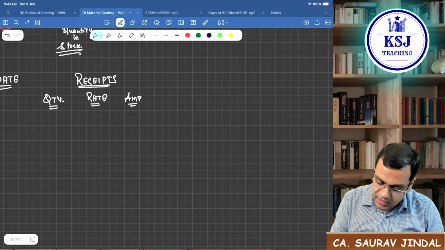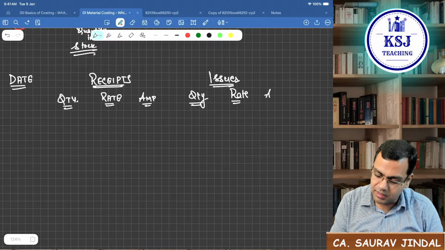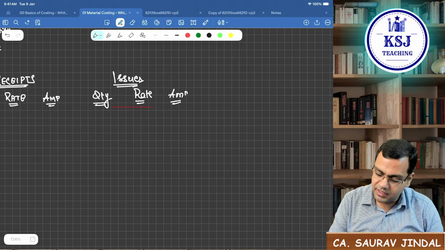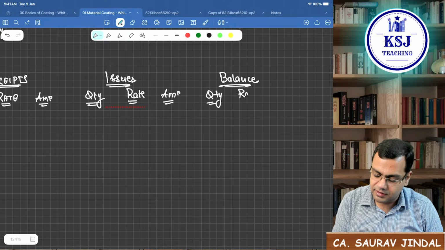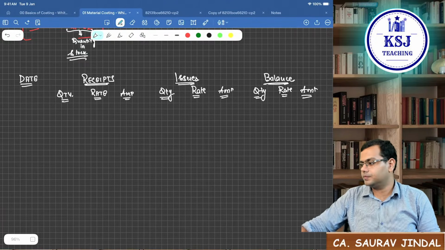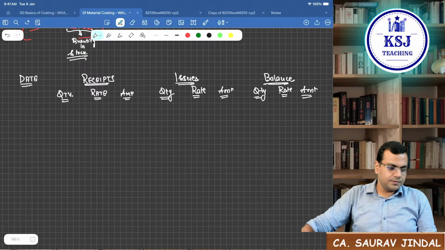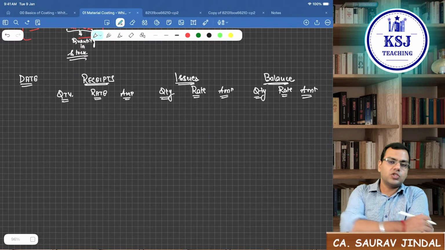Then we take the issues column. In the issues also you take quantity, rate and amount. Then we write balance: quantity, rate and amount. This is the format that we follow for the stores ledger.